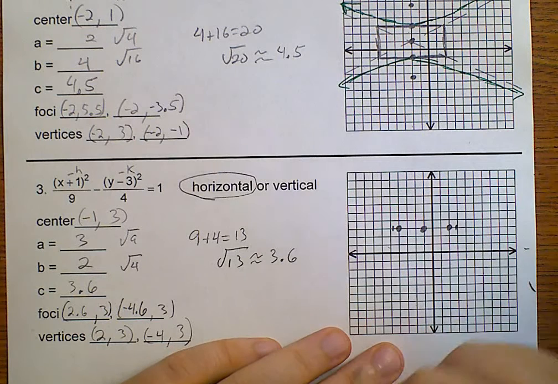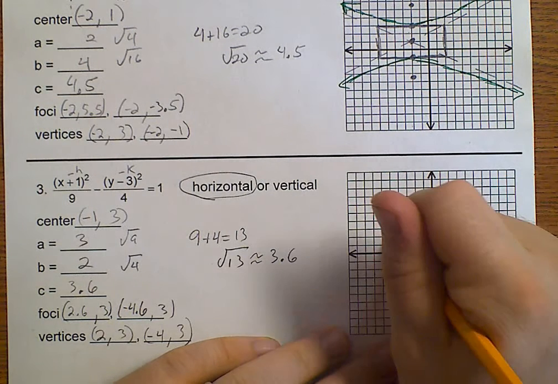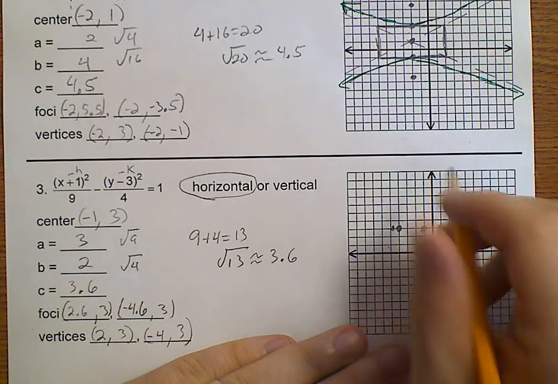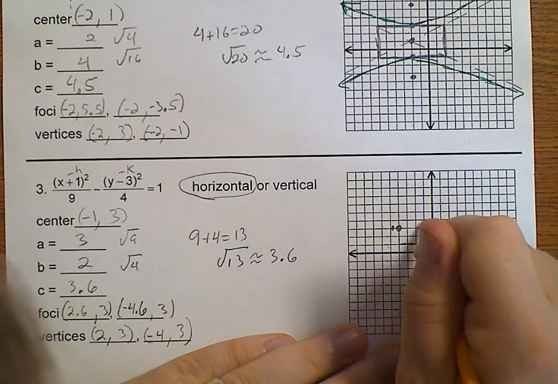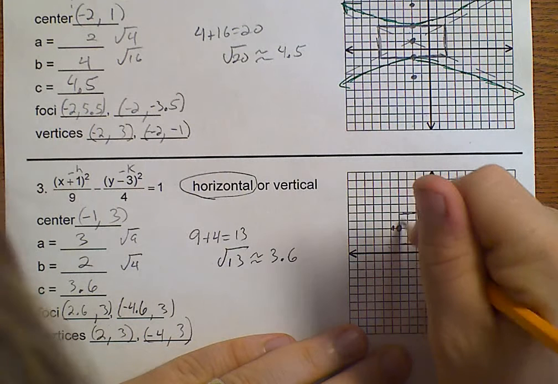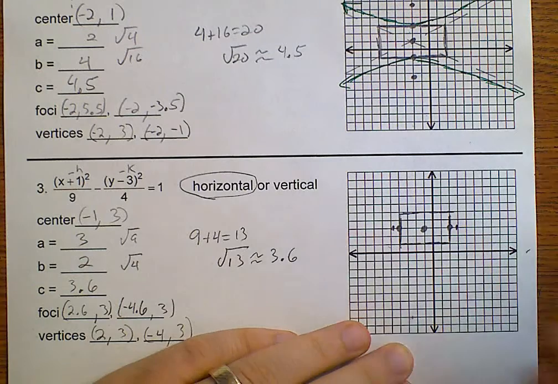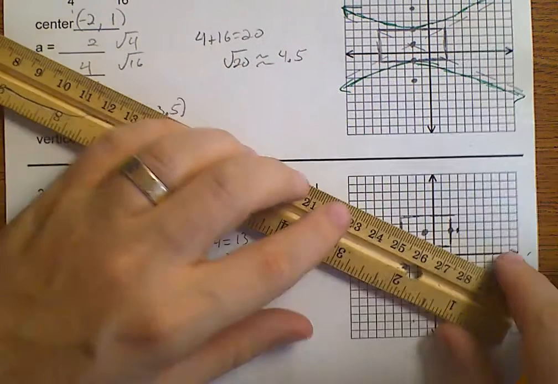Running out of room, so I just put lines for my little foci. My B is 2, so 1, 2. 1, 2. We draw our little box. Do our diagonals.